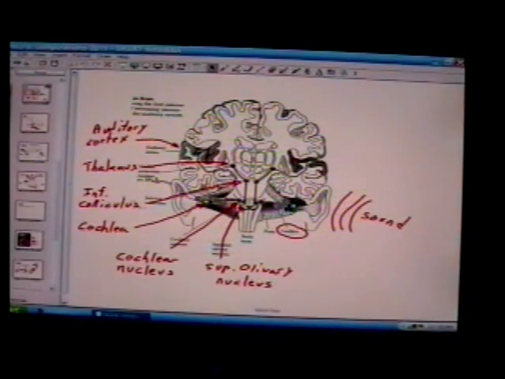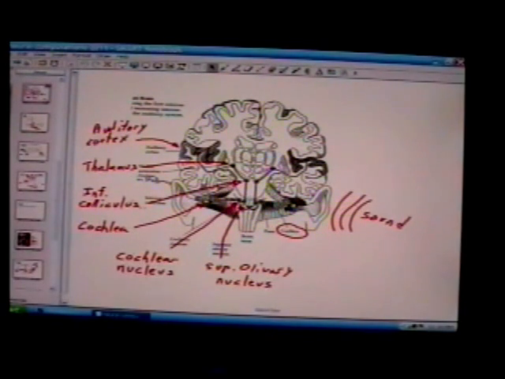Now, in order to localize a sound in space, you need information from both ears. The brain is going to make a computation based on inputs from both ears. The first place in this system where information from both ears converges is the superior olivary nucleus, right here.